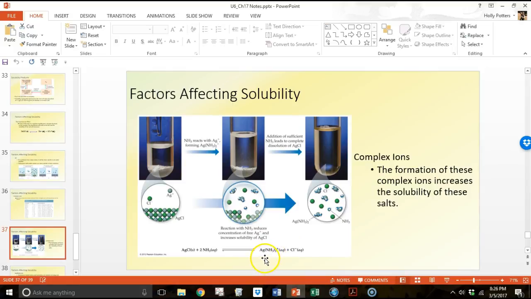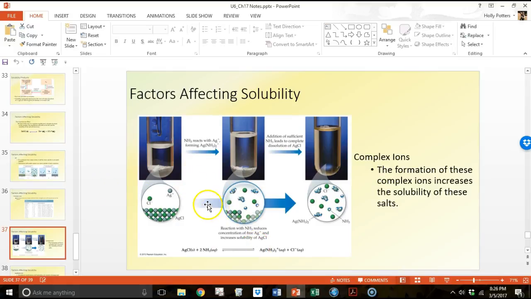So the silver complex ions being formed are taking the loose, free silver ions out of solution. If you're plugging that value into the equilibrium constant expression for the silver chloride solubility, the silver ion concentration is essentially not there anymore, because this is formed and has taken up those silver ions. So it allows the silver chloride solid to dissolve even more.